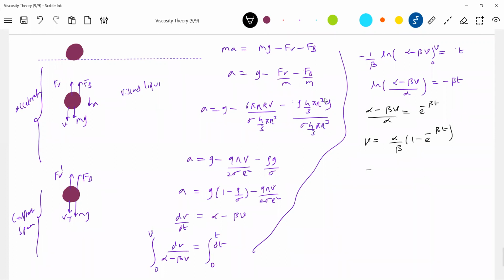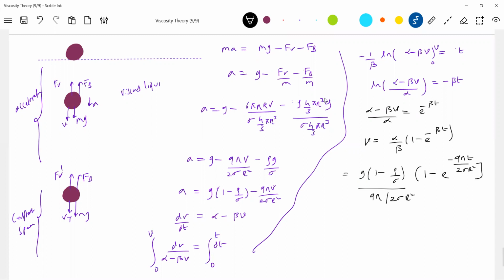Let's write the final equation. What is beta? Beta is this everything: 9 eta by 2 sigma r square. So v equals alpha by beta times 1 minus e to the power of minus 9 eta t by 2 sigma r square.